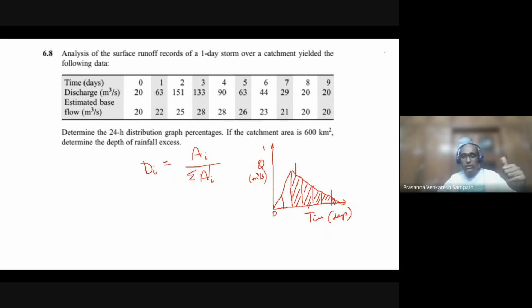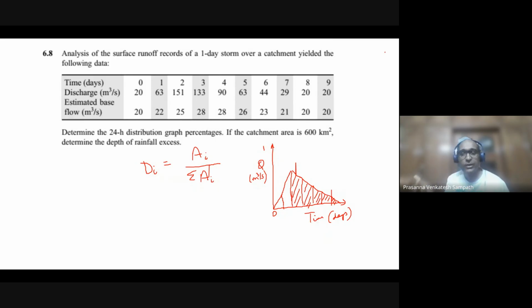So for example, if it is from 0 to 8 days or 9 days, whatever it is, in those 9 days, every 24-hour interval contributes some portion of the total runoff. When I say runoff, I mean the volume of runoff. So I compute the total volume of runoff produced by that particular rainfall event, and then I figure out the percentage that each day contributes.